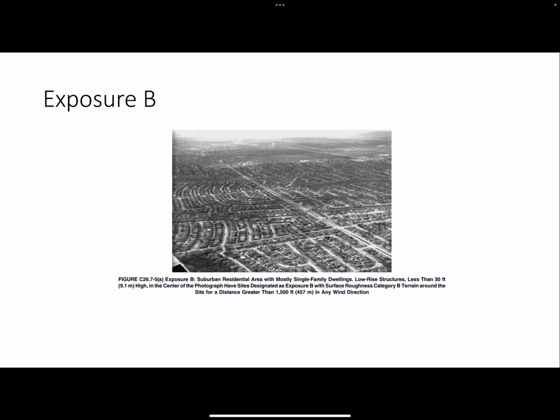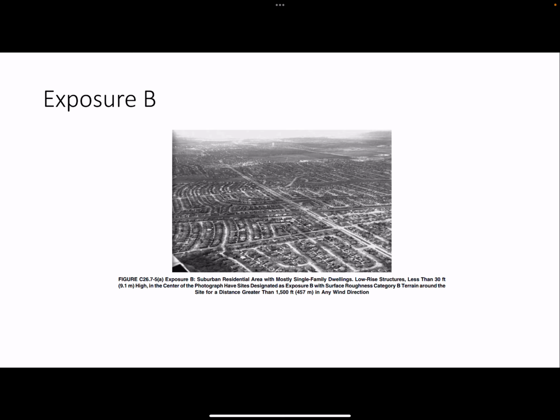And exposure B would be the best case scenario for wind loads because all those obstructions provide the most protection against the wind. However, there are circumstances where surrounding buildings or obstructions can create undesired effects on your building. And that's a situation where you would want to use a wind tunnel test.